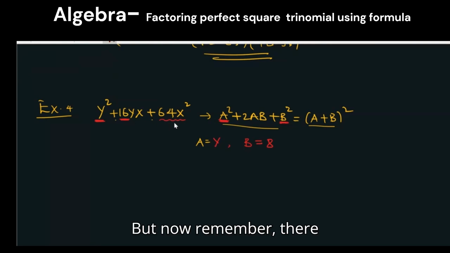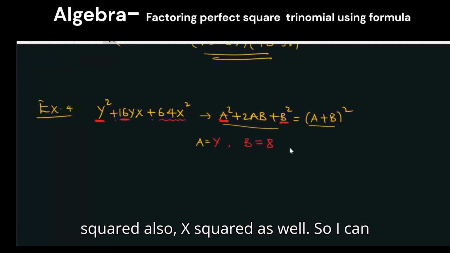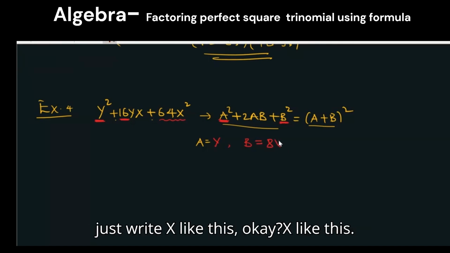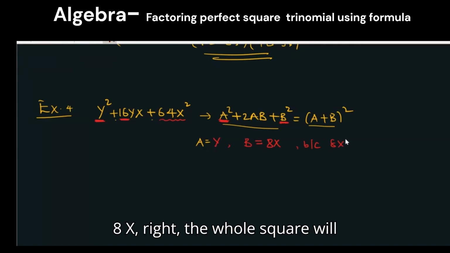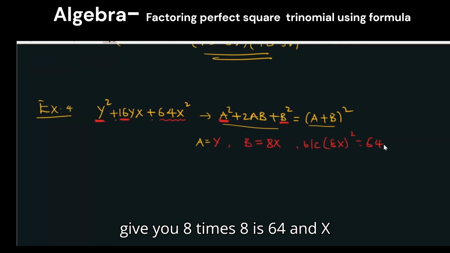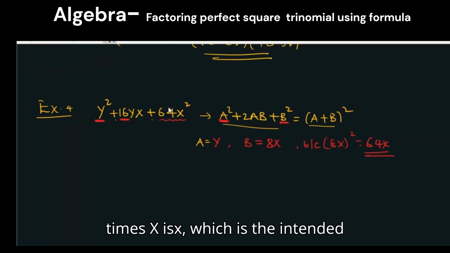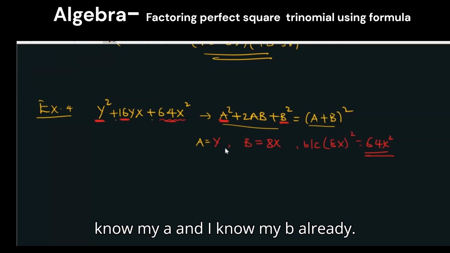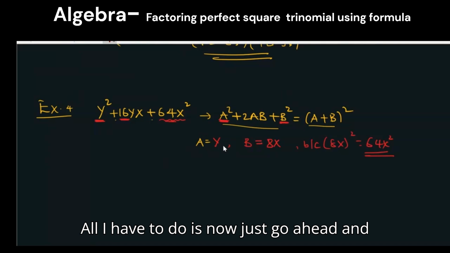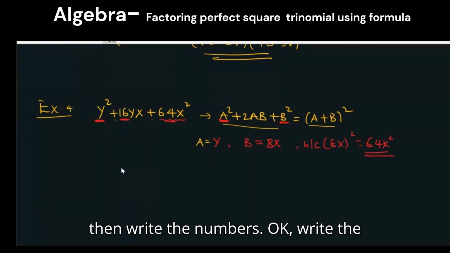But now remember, there is x squared as well, so I can just write x like this. Because (8x) the whole square will give you 8 times 8 is 64, and x times x is x squared, which is the intended 64x squared. Now I know my a and I know my b already. All I have to do is go ahead and write the numbers.